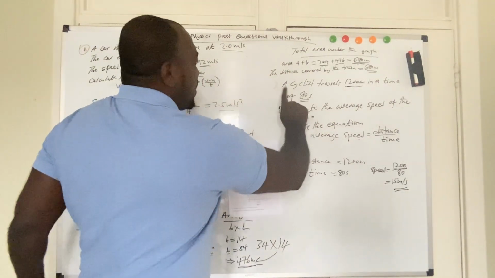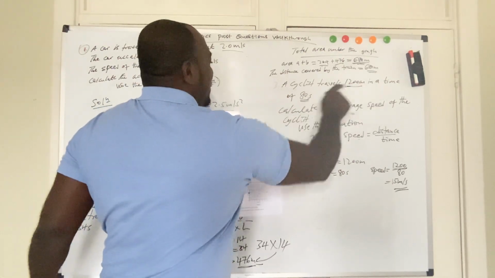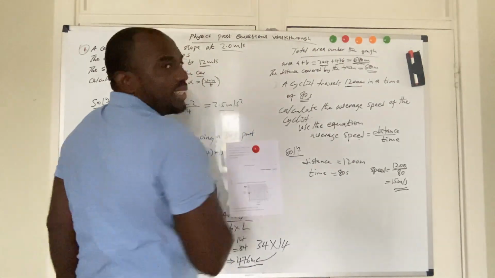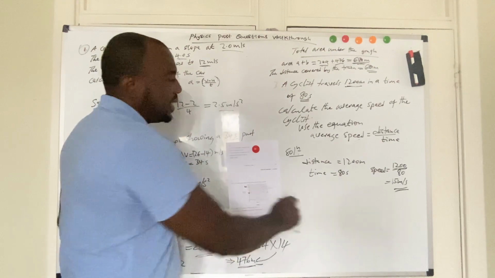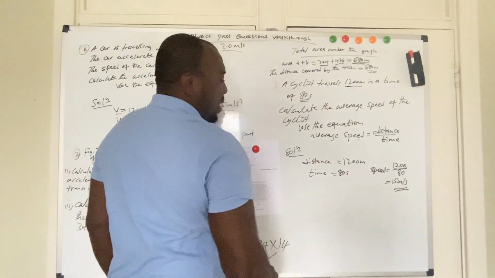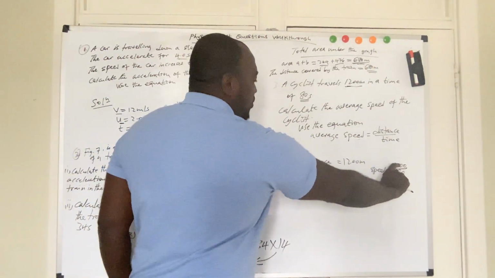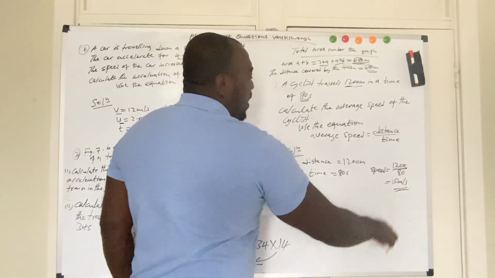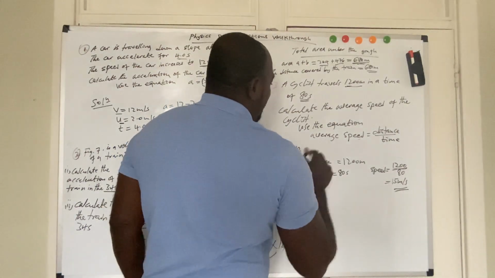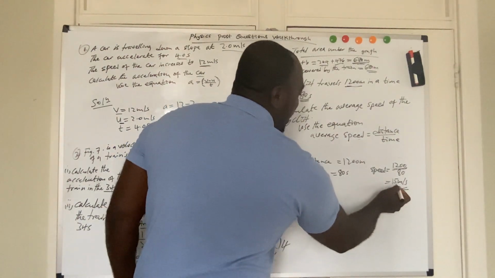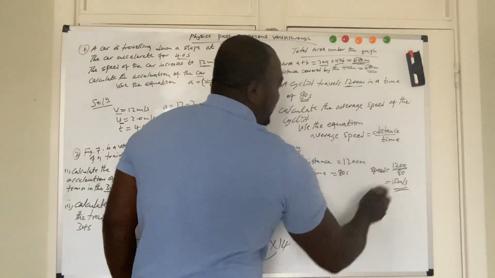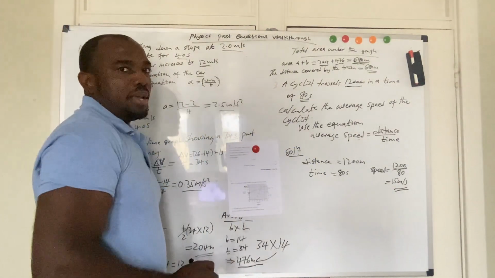What is the time? That distance was covered in 80 seconds. So that is our time. If we do 1,200 divided by 80, we will get that speed to be what? 15 meters per second.